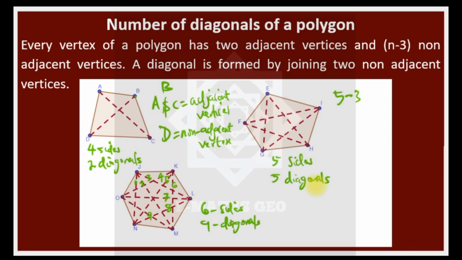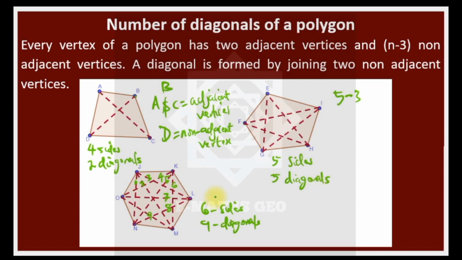If we now have n vertices, the total will be n times n minus 3. Do you get the logic? 1 will have n minus 3. So 2 will still have its own n minus 3. So for n vertices, it will have a total of n times n minus 3 non-adjacents forming the diagonal.